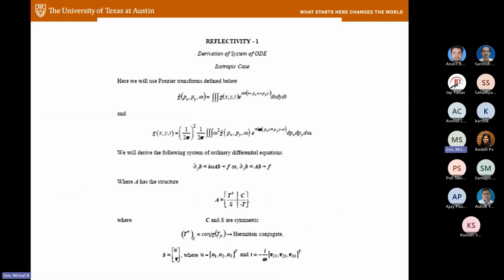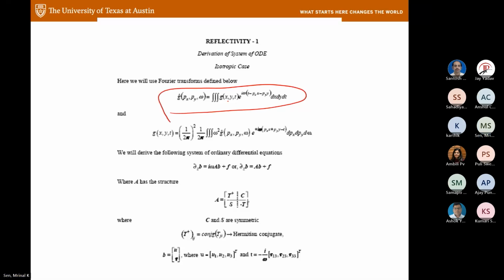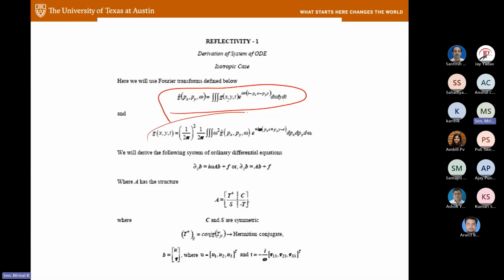All right, so a bit of algebra, and I'm not going to go through every step. So let's do this ODE for the general anisotropic case transformation, although it's not necessary to do this for the isotropic case. So here I'm showing you our Fourier transform going from x to px, py and t, and this is our inverse Fourier transform.